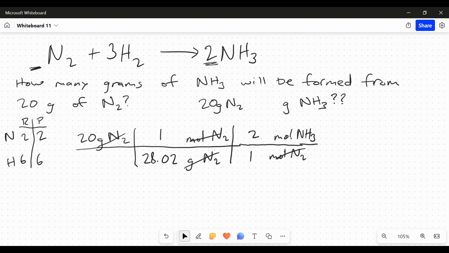We can now make the switch into grams. So we're going to add one more step. Copy our unit down. On the top, we're going to put the unit we're looking for, grams NH3.